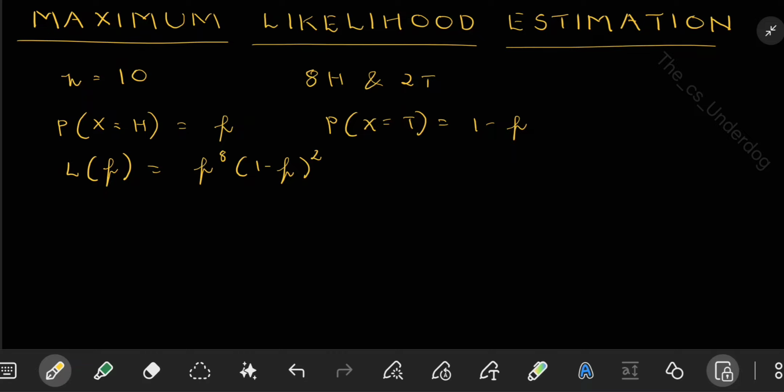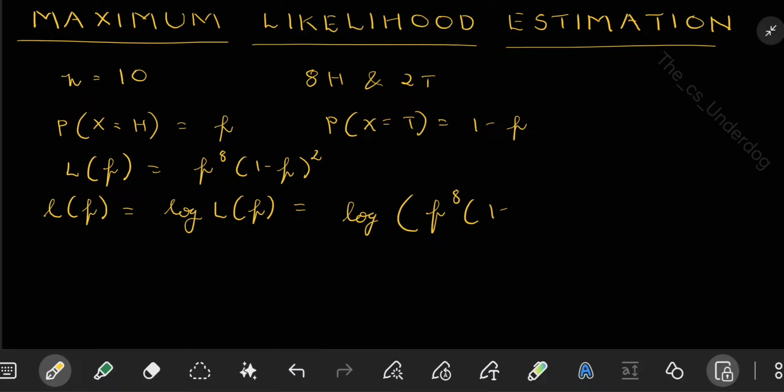At this point, you have likelihood. Next step is, we already said we want to find log likelihood. If you take log likelihood, then what happens? I'll write it as small l so that later I can simply use small l. This is my log likelihood, okay? Log of L(P). What happens if I take log of this? I'm going to take log of P raised to 8 into 1 minus P raised to 2.